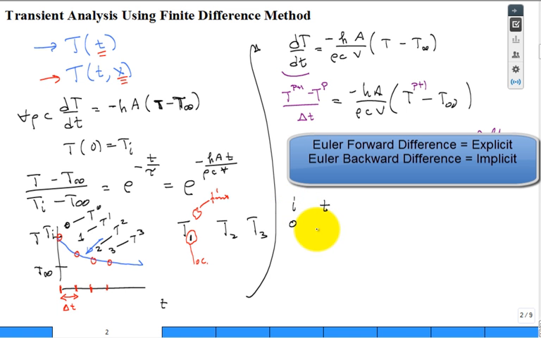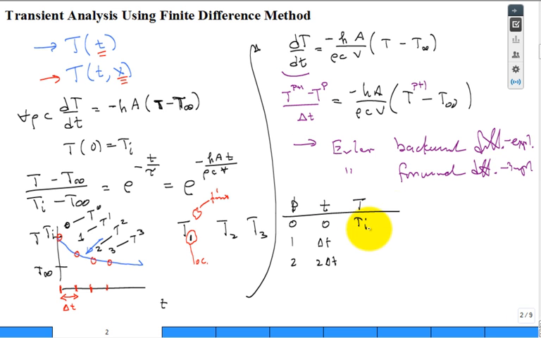We'll start 0, or p, put p 0, then 1, then 2, and then the time would be 0, then 1 times delta t, then 2 times delta t, the time steps.